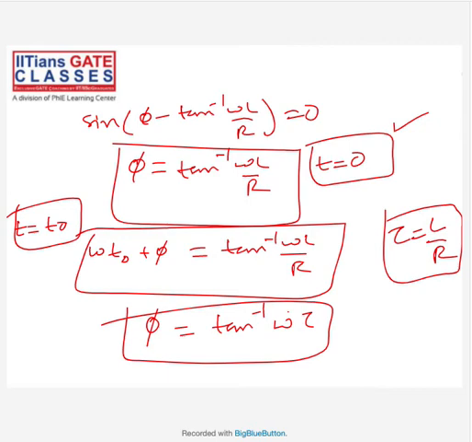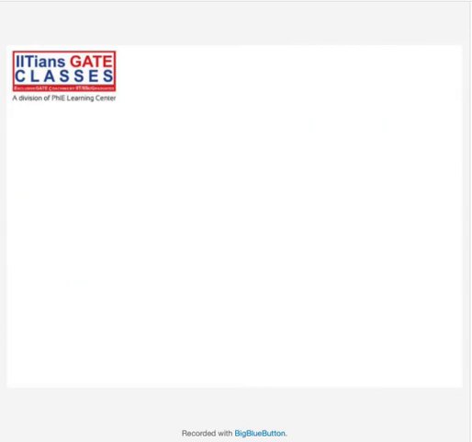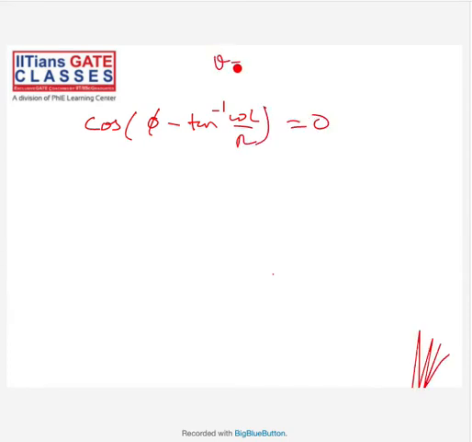And if my source is not sinusoid, if it is cosine, what will I get? This will be cos of phi minus tan inverse omega L by R equal to 0. If the source is not Vm sin omega t, but Vm cos omega t, then this will be equal to 0.